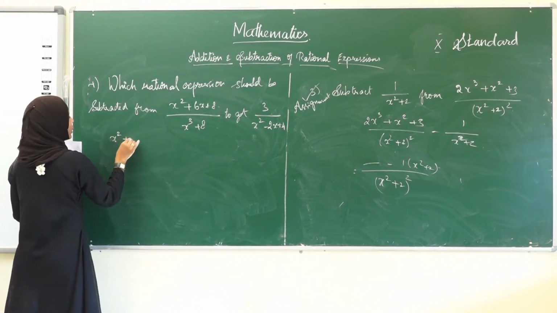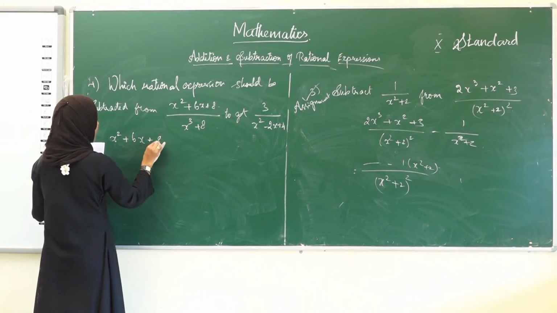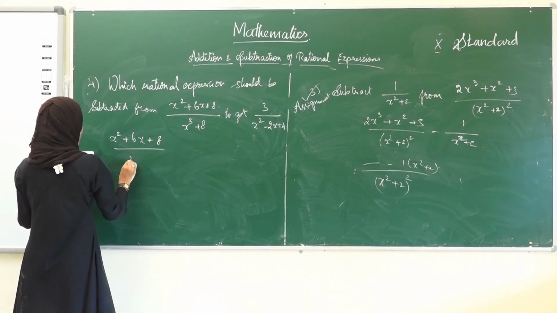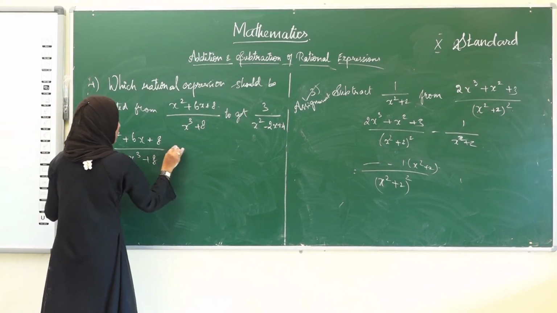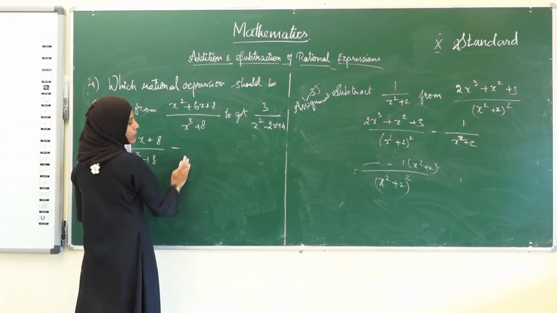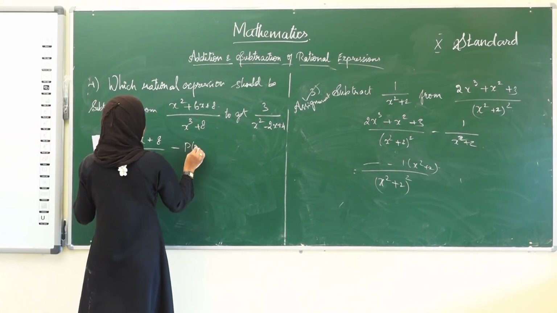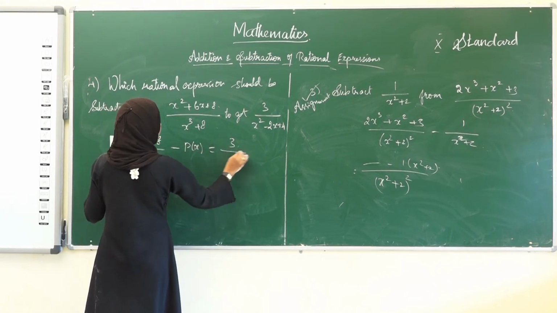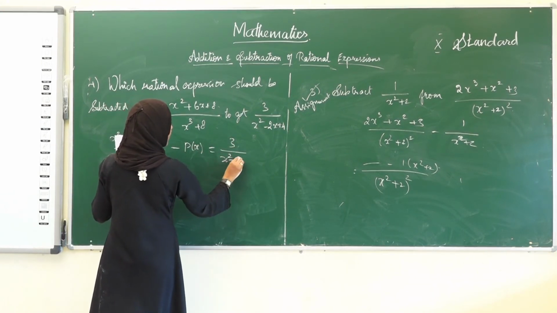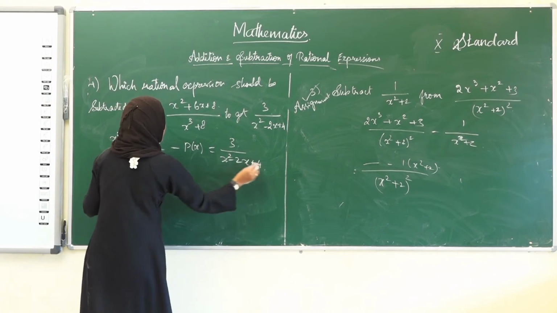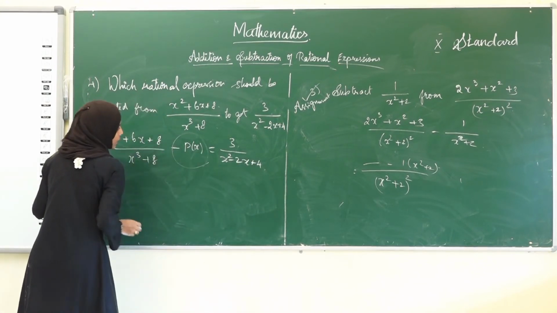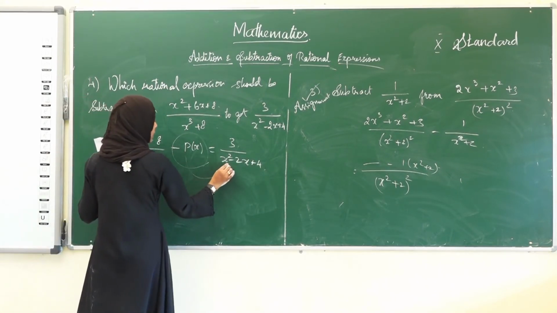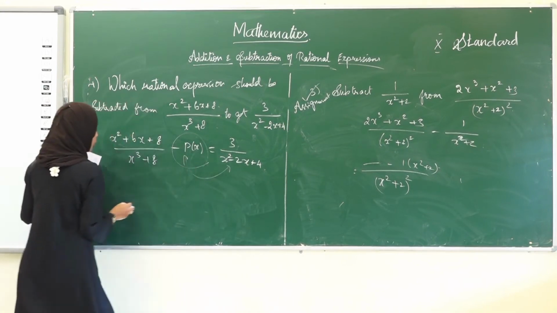That is, this will be in the format of x square plus 6x plus 8 divided by x cube plus 8 minus the rational expression. Let's take that as p of x. This is equal to 3 divided by x square minus 2x plus 4. Okay, we have to find this. For finding this we take this side and this expression this side. What will be the answer?